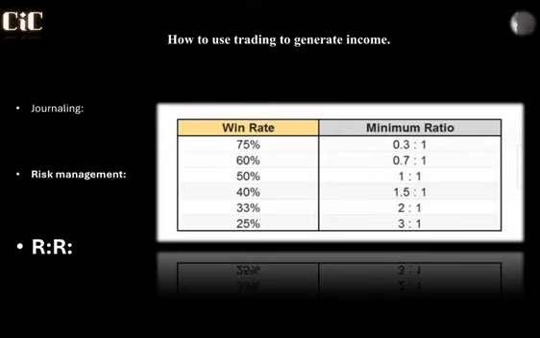A 25% win rate is a 75% loss rate. If you can make money doing that, with a simple 1 to 3, imagine what you can do with a 50% win rate with the same 1 to 3 or a 60% win rate.